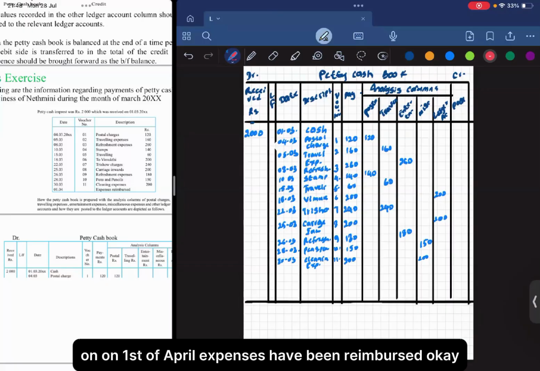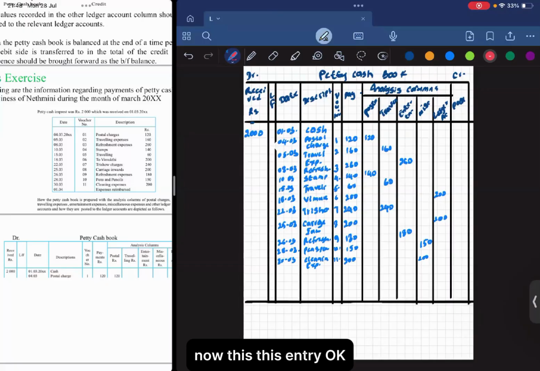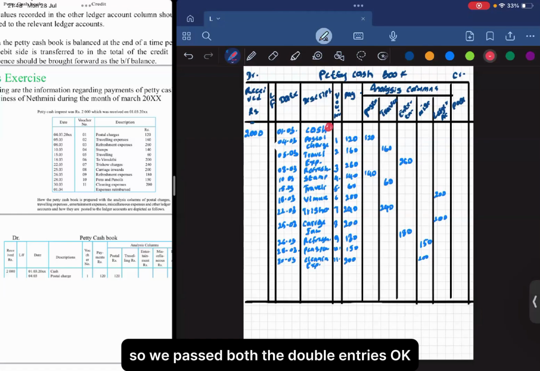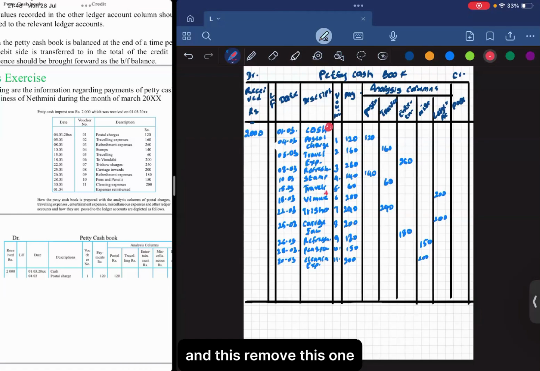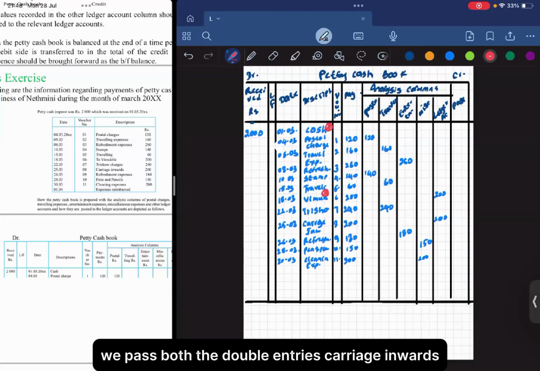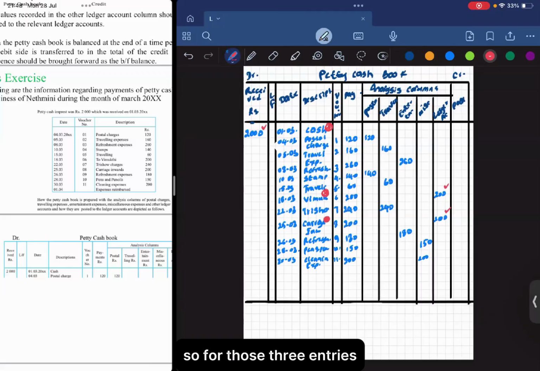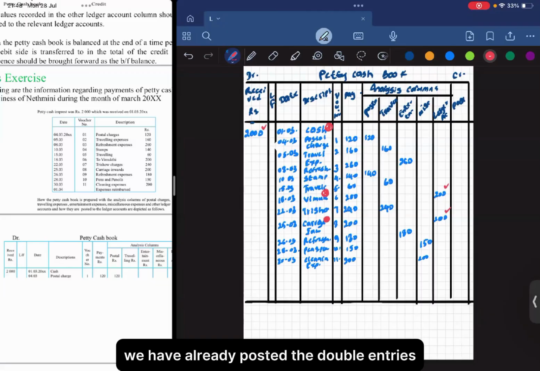Now this entry, so we passed both the double entries, and this Vimukti's one, we passed both the double entries. Carriage inwards, we passed both the double entries. So for those three entries we have already posted the double entries.